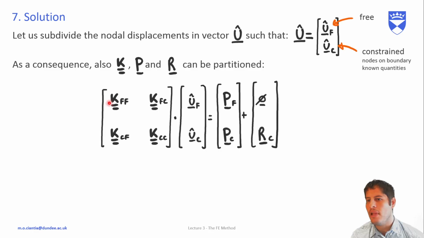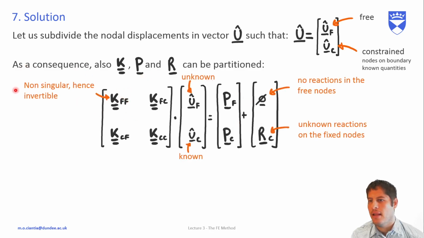So let's say KFF is for the free, whereas KCC for the constrained, etc. So we partition the system and KFF is non-singular, so it will be invertible. Then we have the unknown nodal displacement U. Then we have the known constrained displacement, because they are either 0 or an imposed displacement, like an imposed settlement.